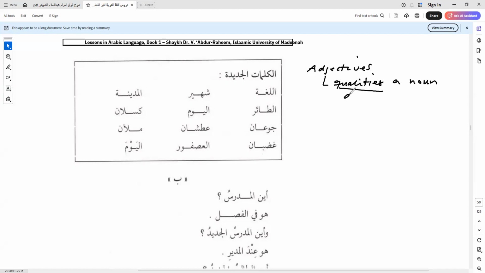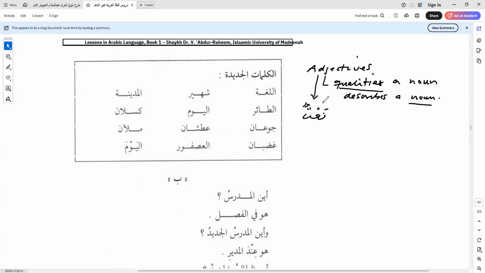Qualifies a noun means describes a noun. So any word that you use to describe a noun is called an adjective. In Arabic, we call it na'at, na'atun.